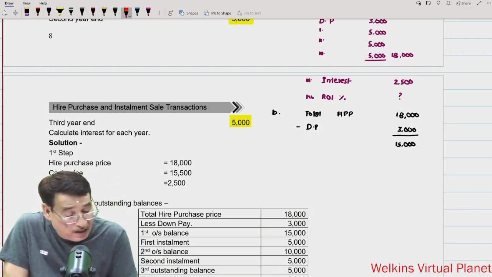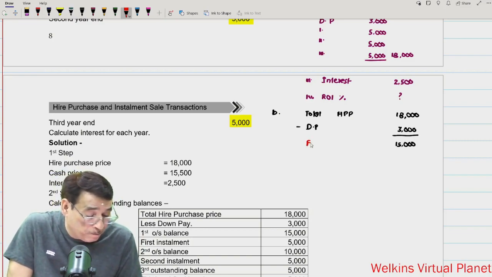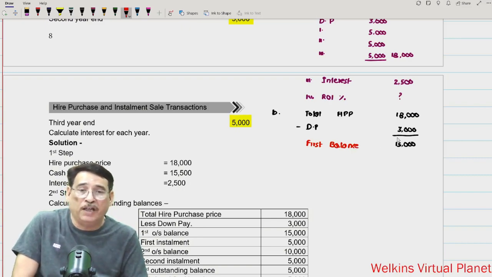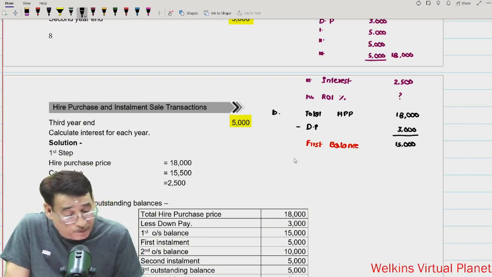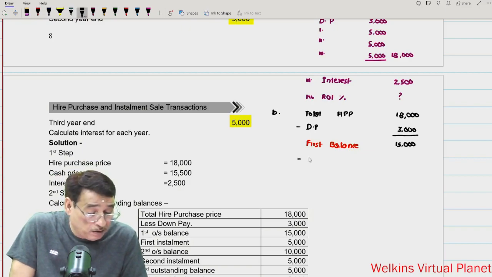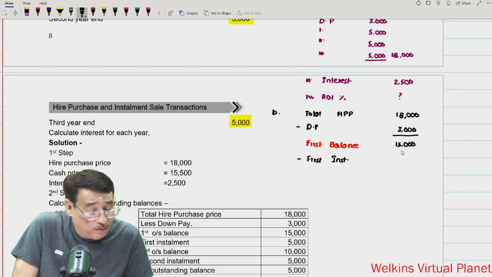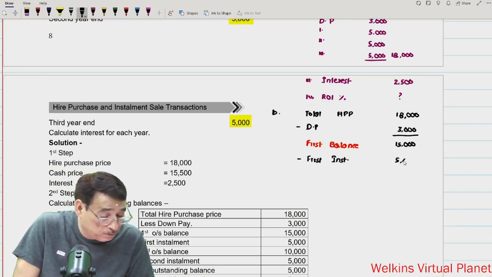You write this balance as the first balance. Then you subtract your first installment. The first installment is 5,000. We are left with 10,000.